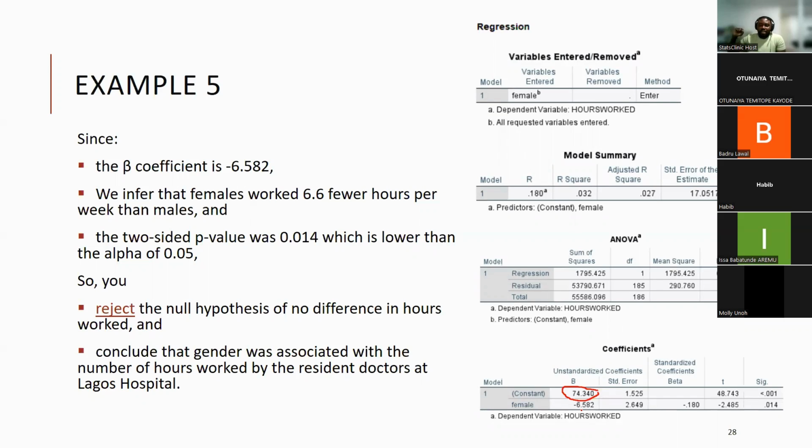Okay, let me take that again. The beta 0 is the average in the male, the average in the reference group. The beta 1 is the difference between the reference group and the group that you care about right now, the category that you're talking about.